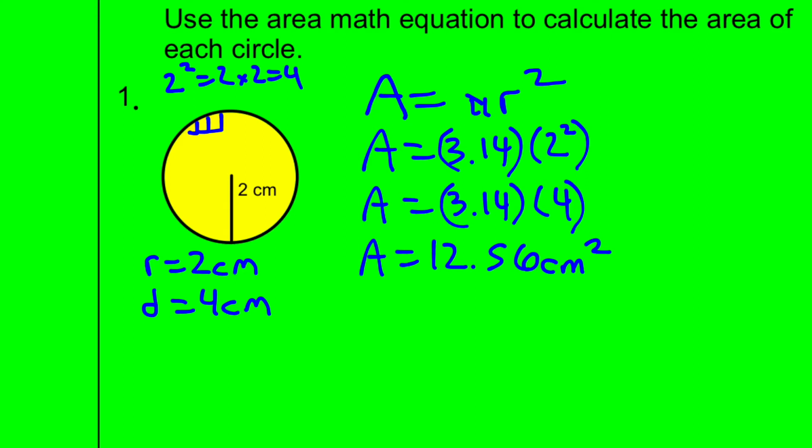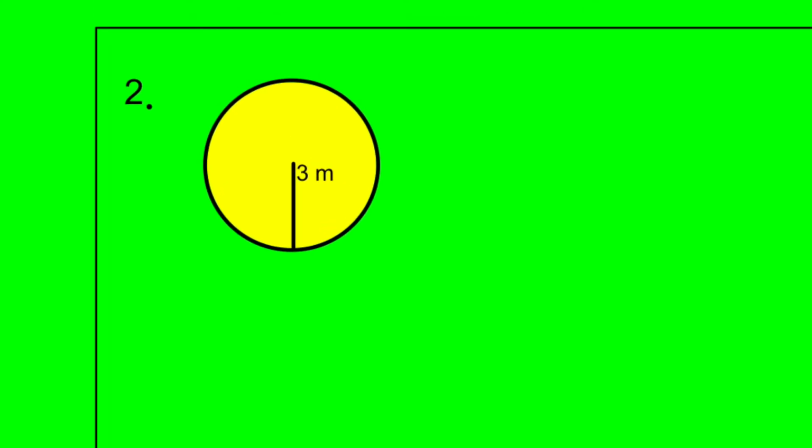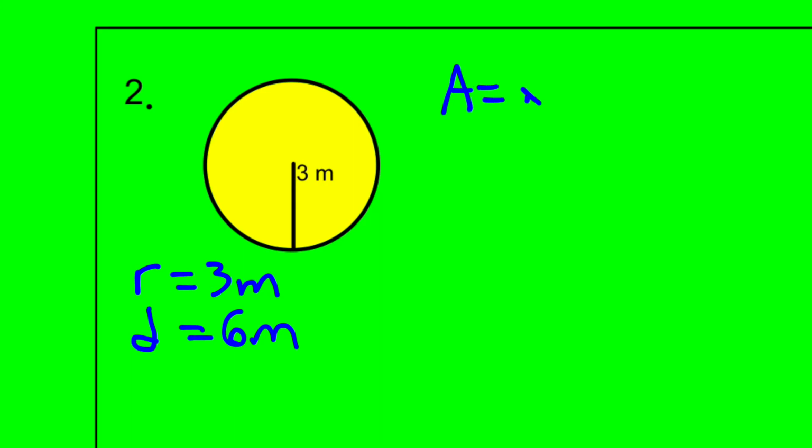Let's look at another one. So here we have another circle, and this time the radius of this circle is 3 meters. The diameter would be double that, so the diameter is 6 meters, but we don't need the diameter to calculate the area. The area math equation is area equals pi multiplied by the radius squared. Substitute in your values.